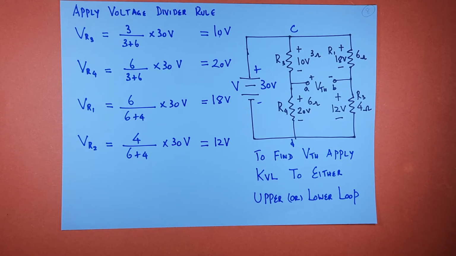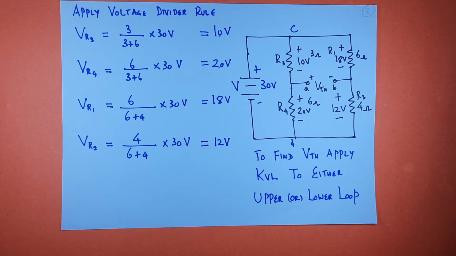VR1, value of that resistor is 6, divided by the sum of the resistors, 6 plus 4, multiplied by 30 volt. It comes out to be 18 volts. And finally VR2 equal to 4 divided by 6 plus 4 multiplied by 30 volts, that is equal to 12 volts.